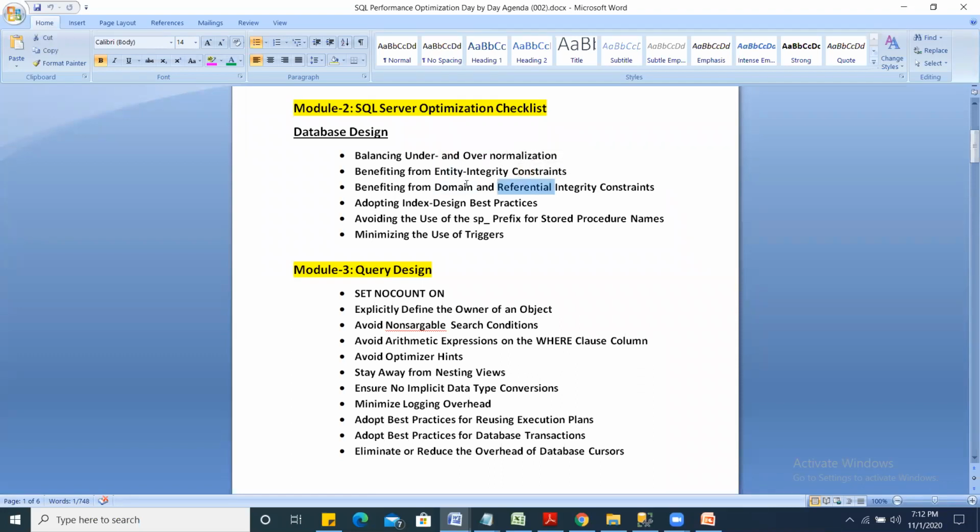You will have to understand these 3 integrities and how you can implement them in SQL Server while designing tables using the different constraints that you have, such as null, check, primary key, unique key, and then foreign key. You have to understand how to implement these constraints. What are the index design best practices?